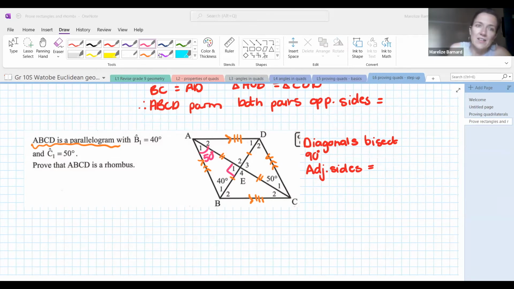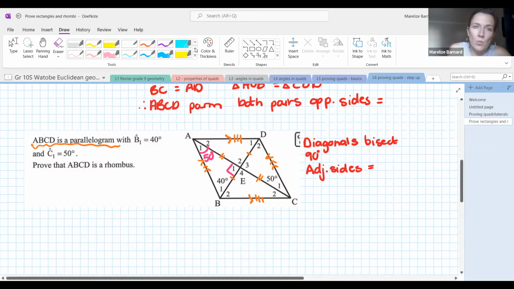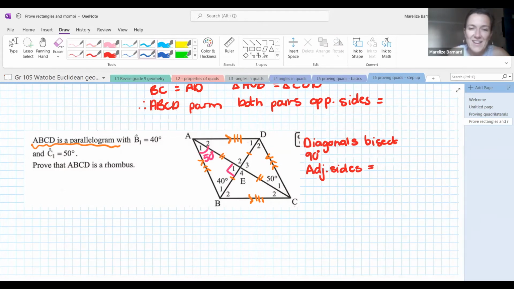Okay, so I think some of you went down a windy road and that's okay. Sometimes that happens when you are doing geometry. If you wanted to do congruency, if you wanted to prove that all the sides are equal, you would have had to have done, I think, 4 congruency proofs.